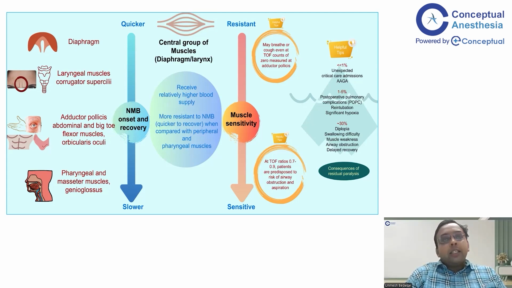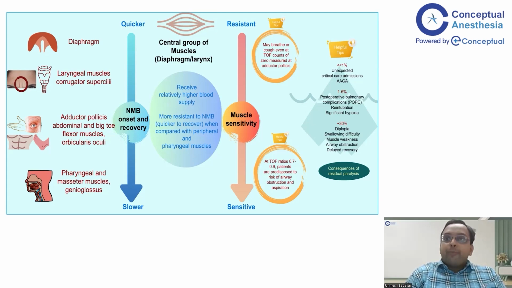Now, why is TOF monitoring or neuromuscular junction monitoring important? Because at any cost, we do not want any cases of residual paralysis post our general anesthesia. So what happens in residual paralysis of the patient? In about 30% of the patients, there is diplopia, swallowing difficulty, muscle weakness, airway obstruction, and delayed recovery.